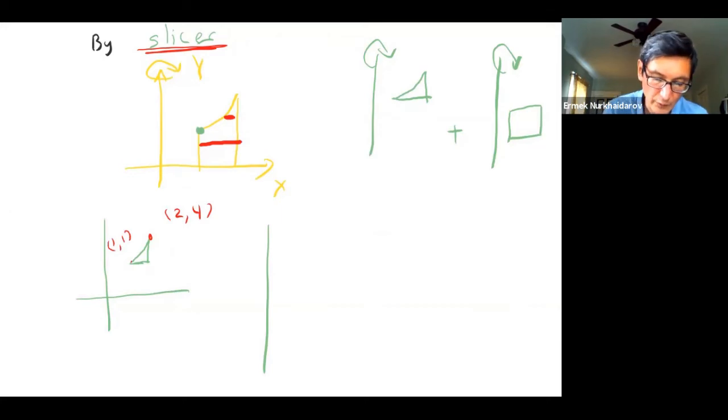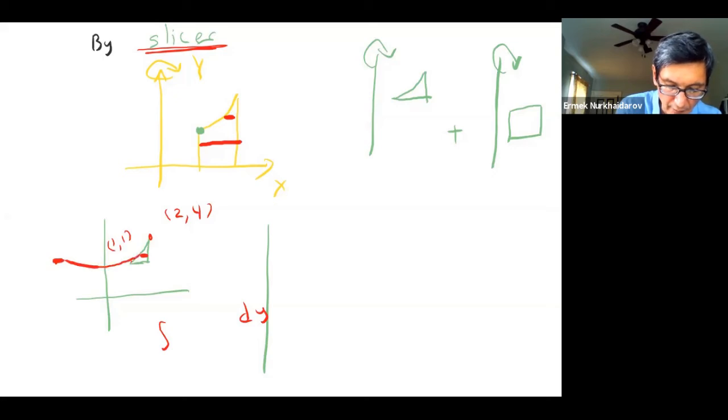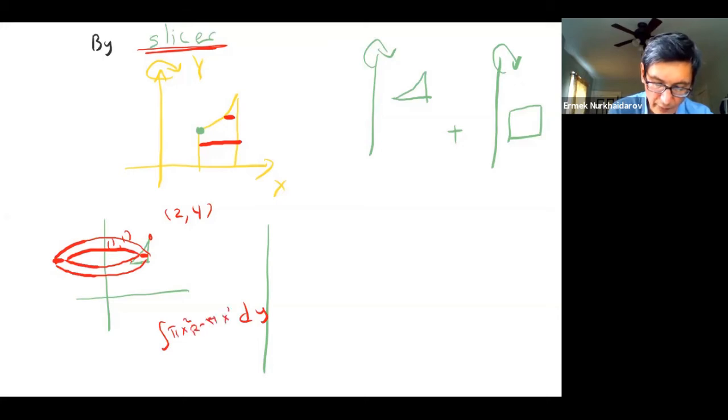And if we do this one, I'm going to get integral dy, because we're going to be slicing the y-axis. Inside, we're going to see a washer. So it's going to be pi x squared right minus pi x squared left.